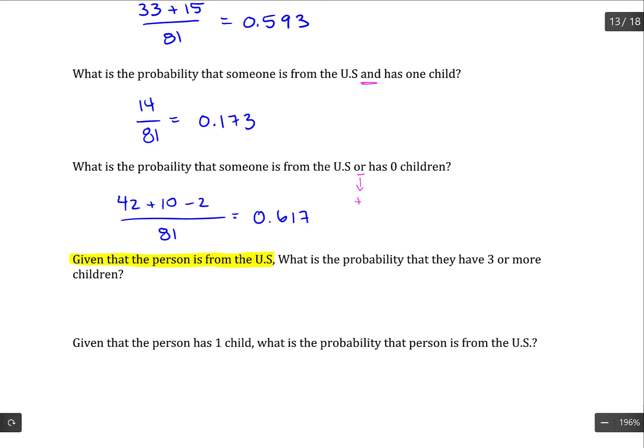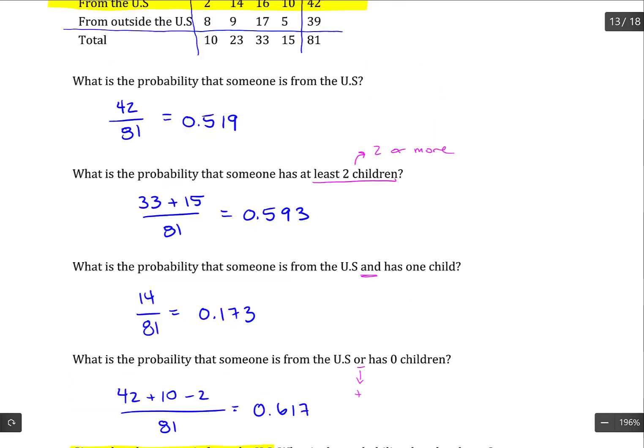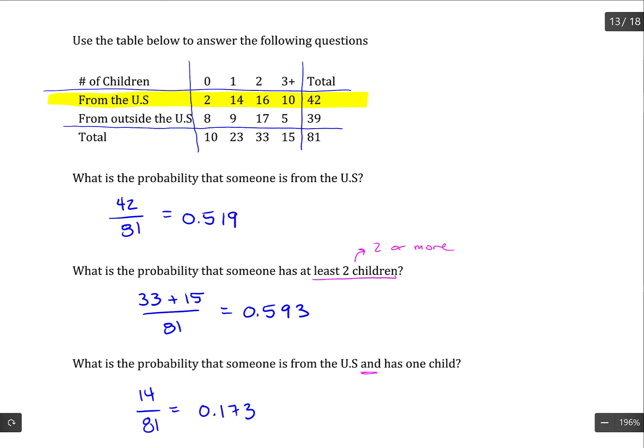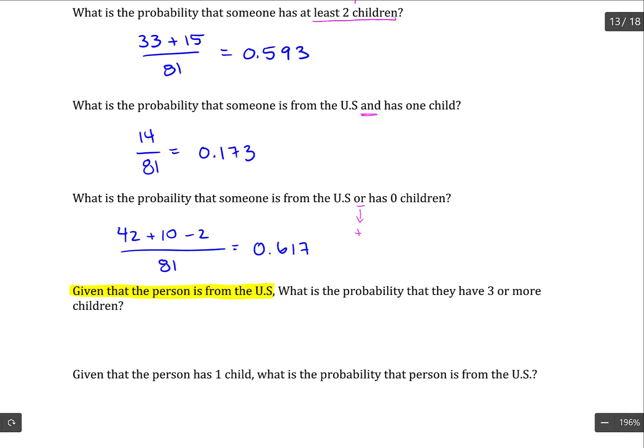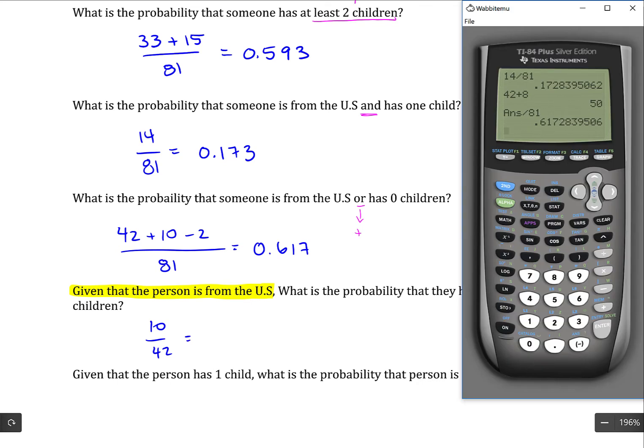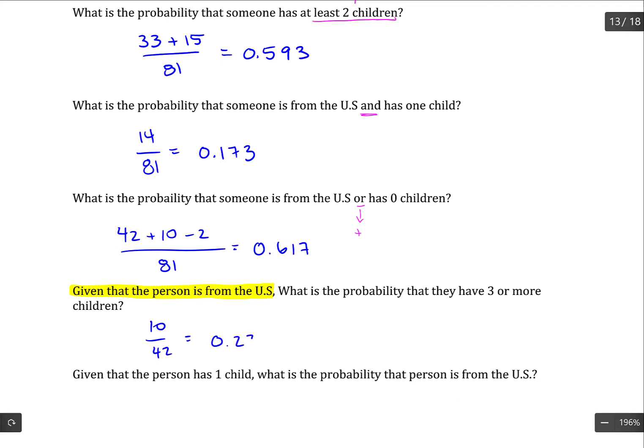So given that the person is from the US, now from that group alone, what's the probability they have 3 or more children? So from that group, there are 10 that have 3 or more children out of 42. And that's our probability. So 10 over 42 gives me 0.238.